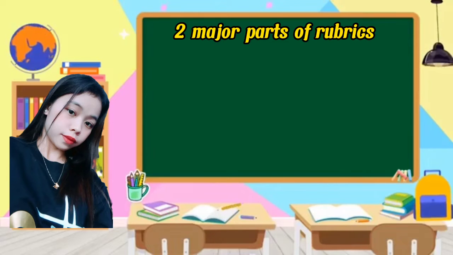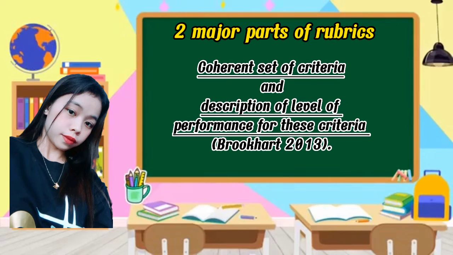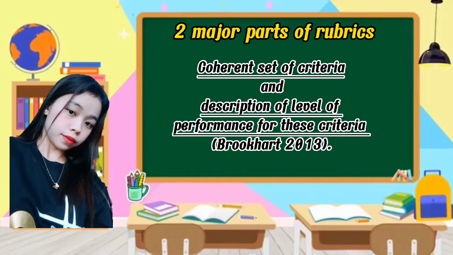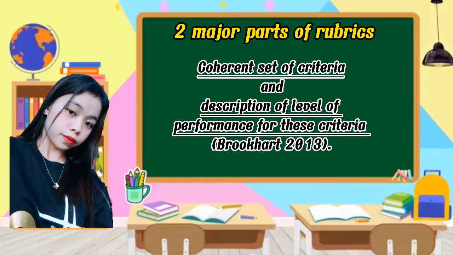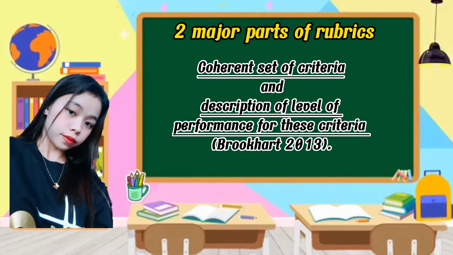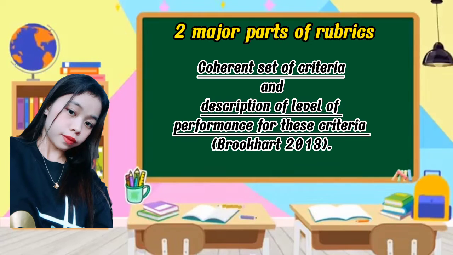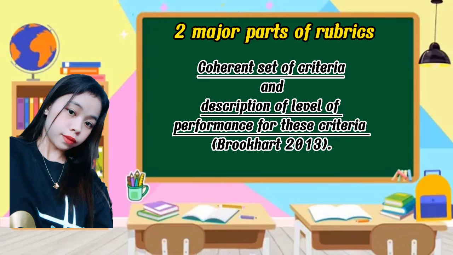So rubrics have two major parts. It is a coherent set of criteria and a description of levels of performance for these criteria. So the genius of rubrics is that they are descriptive and not evaluative. Of course, rubrics can be used to evaluate, but the operating principle is you match the performance to the description rather than judge it.